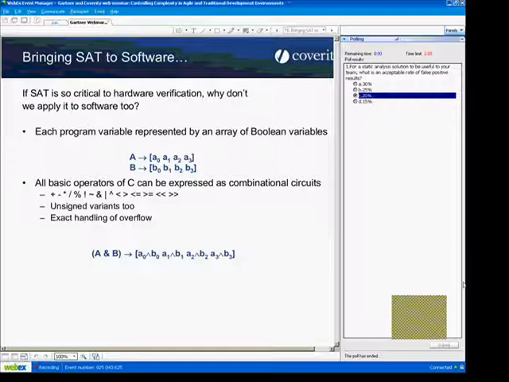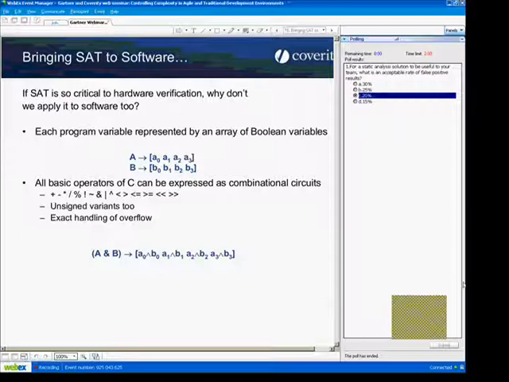C, C++, Java, and so on. And so you need to be able to translate that high-level language into the equivalent formula that could be plugged into a SAT solver.